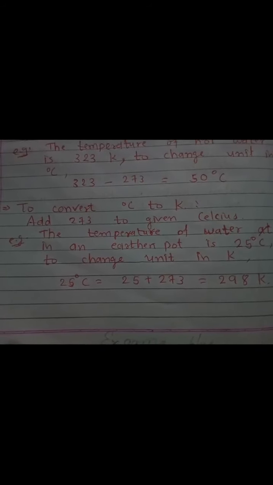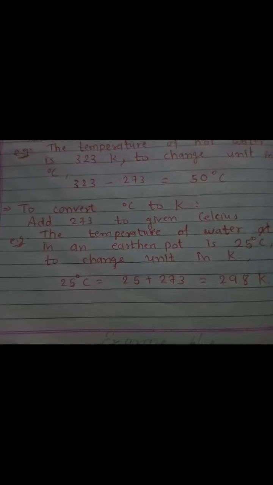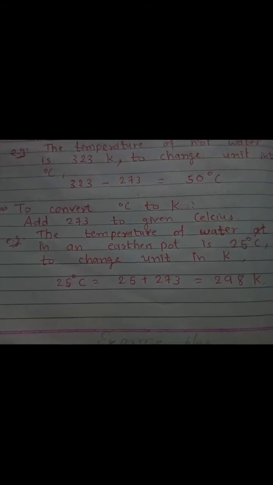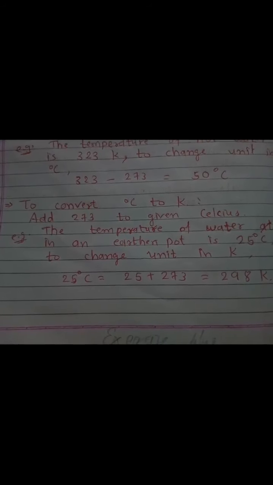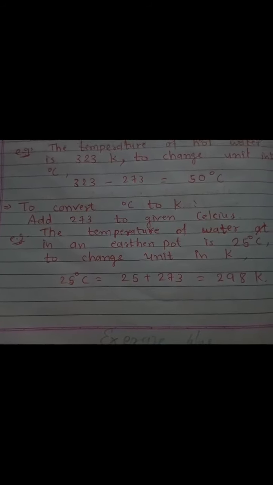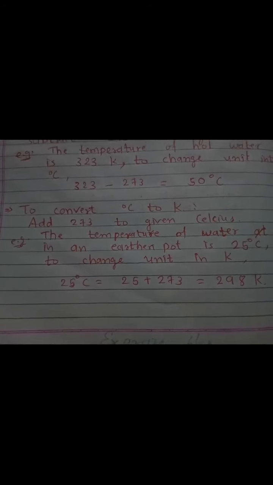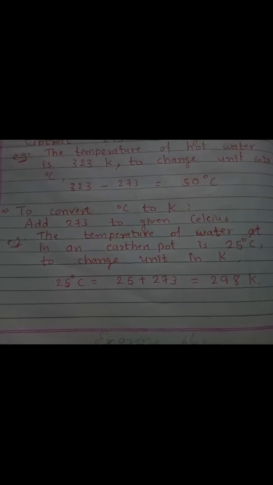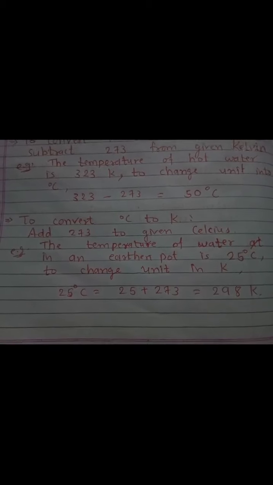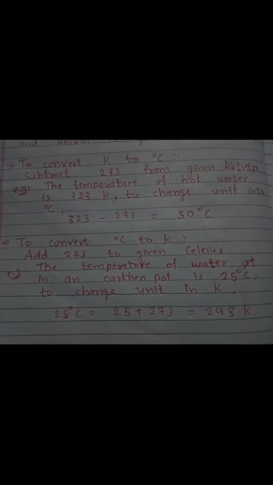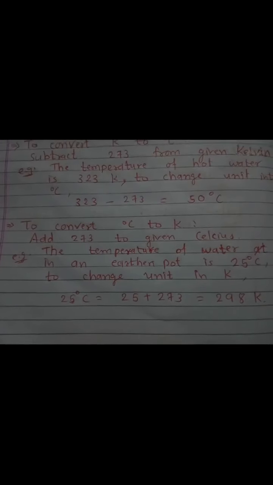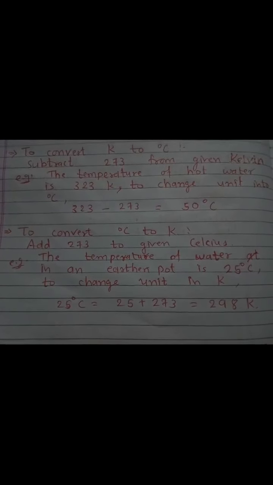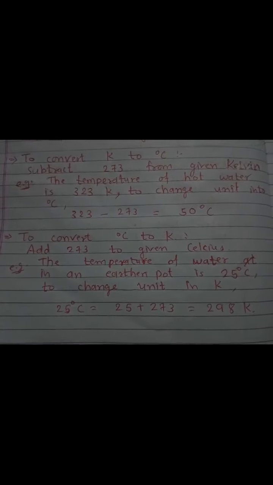Here you should remember the first letter of Celsius, then Kelvin, and then add. You have to remember three letters only, CKA. C stands for Celsius, K stands for Kelvin, and A stands for add. Again the same number is there, so no more memory you have to use up. Just remember KCS and CKA, and you can do the simple conversion.